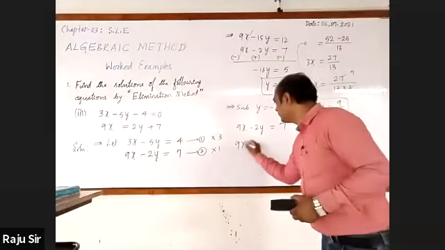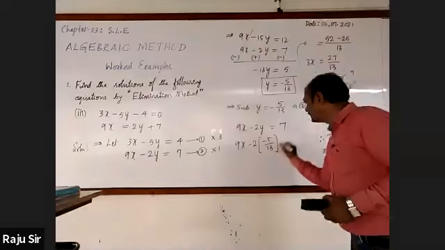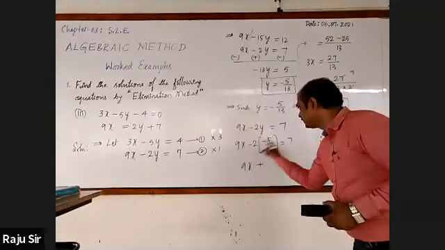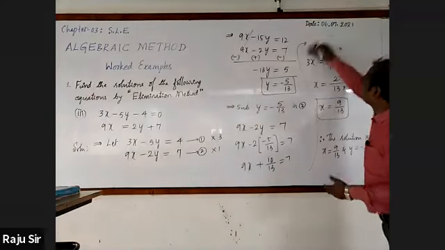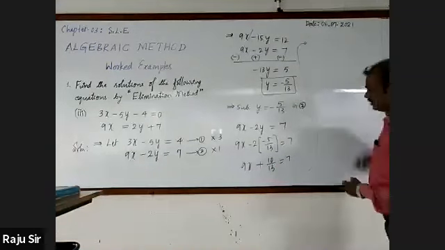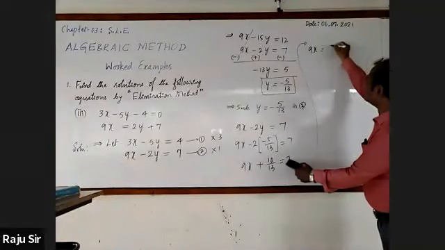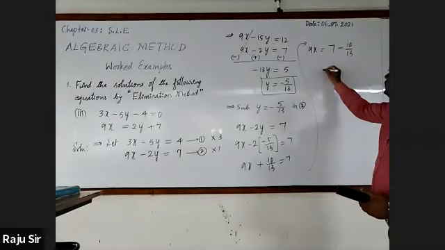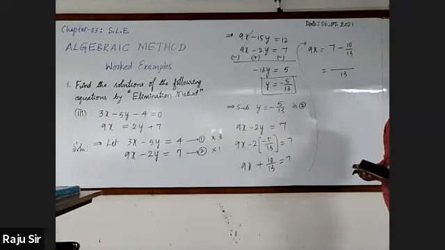Then 9x minus 2 into, where y is minus 5 by 13, is equal to 7. Then 9x, minus into minus is plus, 2 fives are 10, 10 by 13 is equal to 7. Now it is 9x is equal to 7. Transfer 10 by 13 to the right hand side. It becomes minus 10 by 13. Next, take the LCM of the denominator. This is 13.